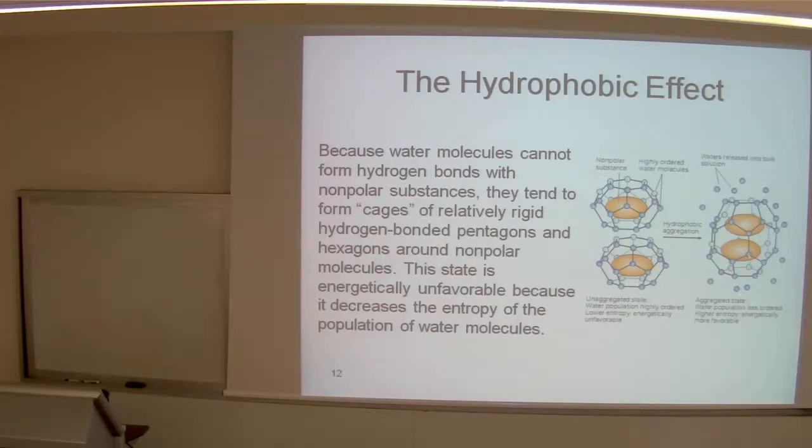The outcome is that the two nonpolar, uncharged substances are stuck together, not because they have some glue between them, but simply because of the entropy that is gained, or the order that is lost, around them because of the cages. And I think you know this phenomenon: two wet glasses sometimes stick together so that it is just impossible to break them apart. What stands at the basis of that is the hydrophobic effect.